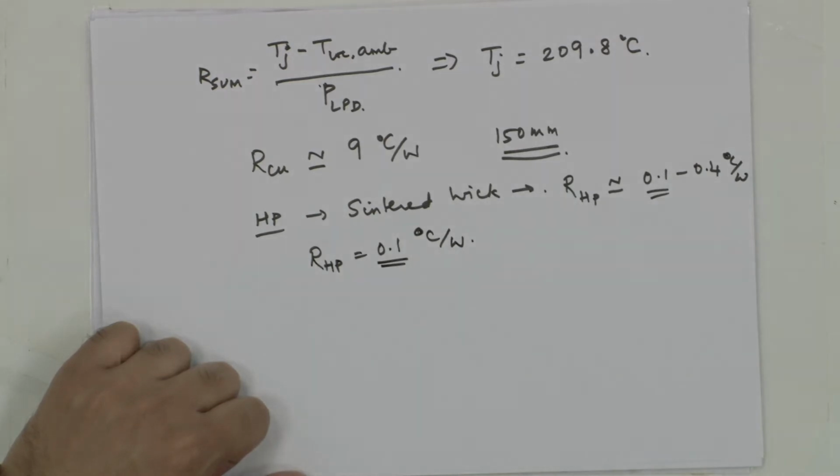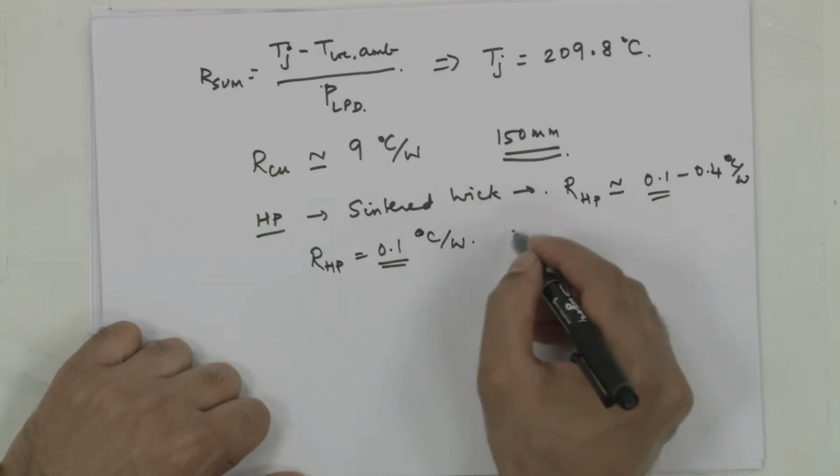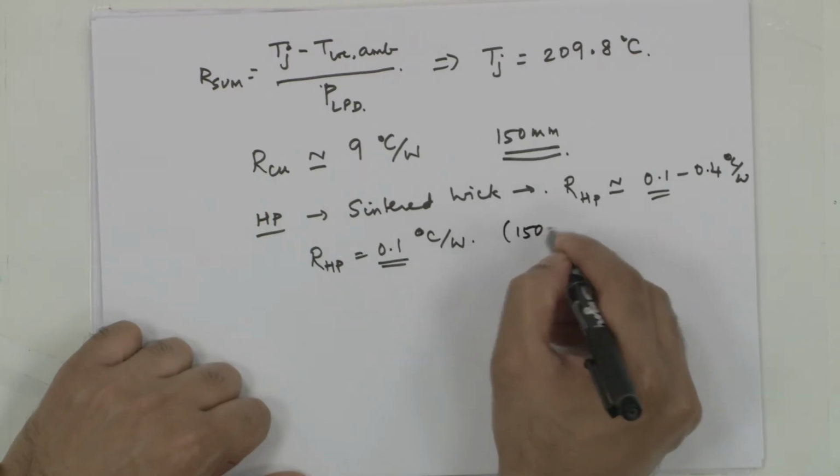That is a very high performing heat pipe, and they give you a resistance of 0.1 degree C per watt over a distance of 150 mm.